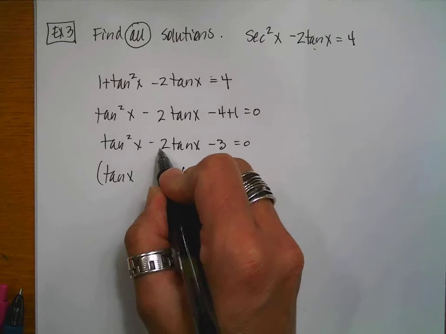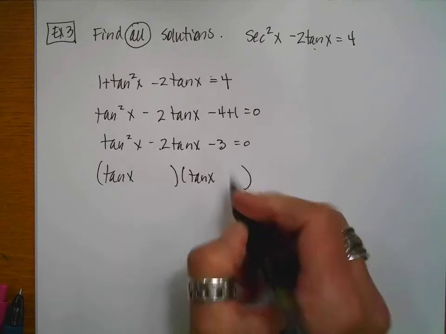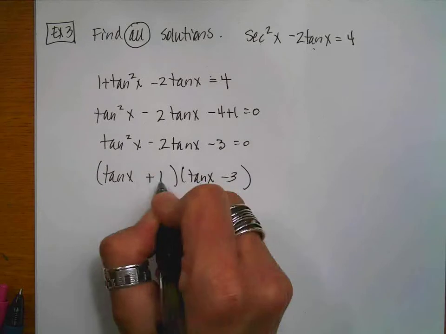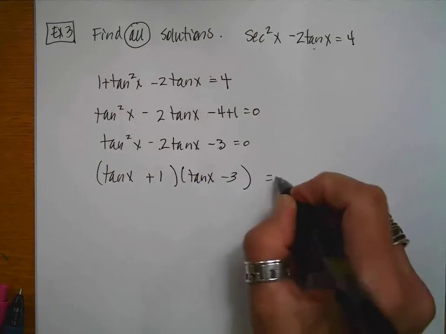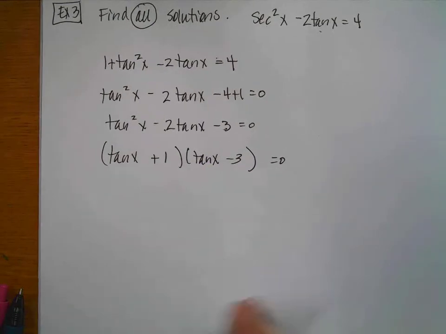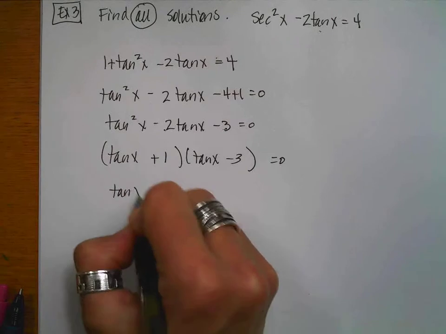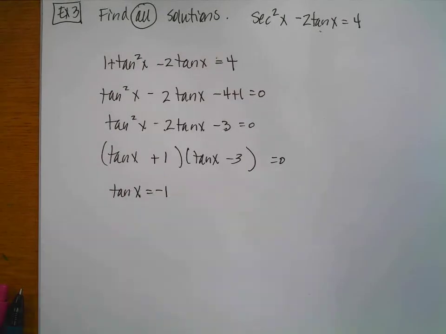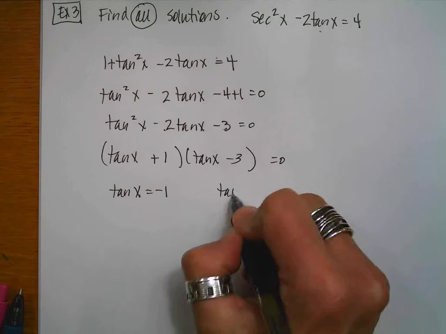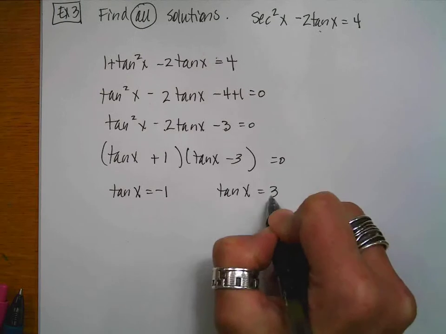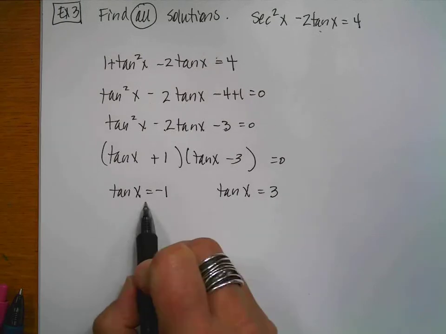The factors of 3 that give me 2 are a negative 3, because this one's negative, so negative 3 and a positive 1 equals 0. So now I can solve my two baby equations, and I get the tangent of x is a negative 1, and then on this one I get the tangent of x is equal to 3.